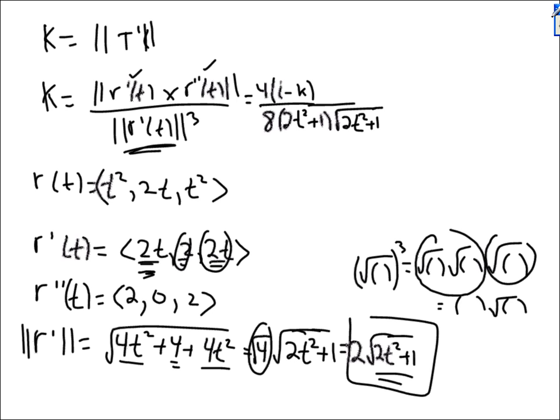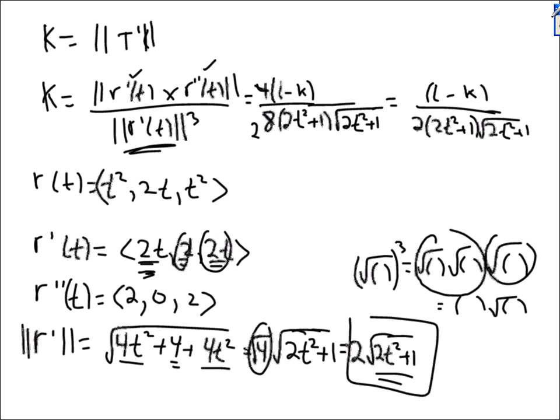Okay, so, well, 4 goes into 8 2 times. So you get i minus k divided by 2 times 2t squared plus 1 times the square root of 2t squared plus 1.